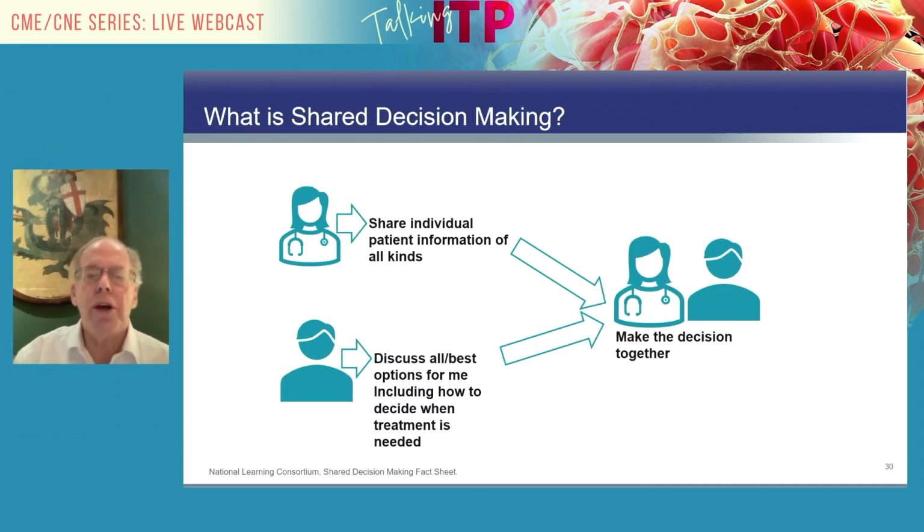So I'm sure that you're all familiar with this to a greater or lesser extent, but I think the key point of this slide is that it's a two-way street. The patient has to share the information with you, and then you can share your, let's call it, medical information with them, but then you try to make the decision together.